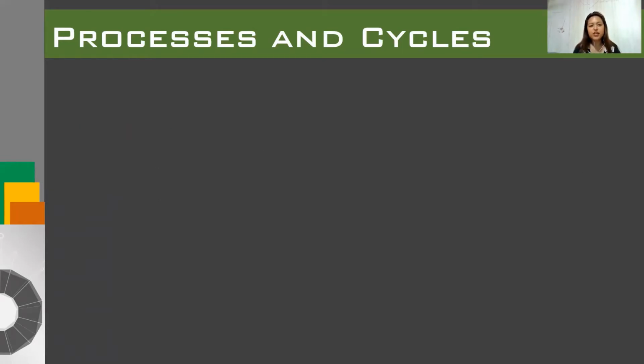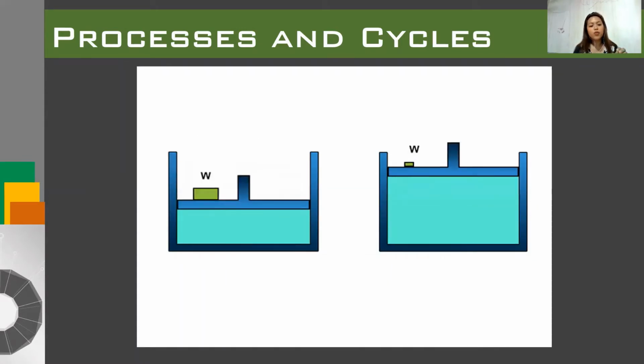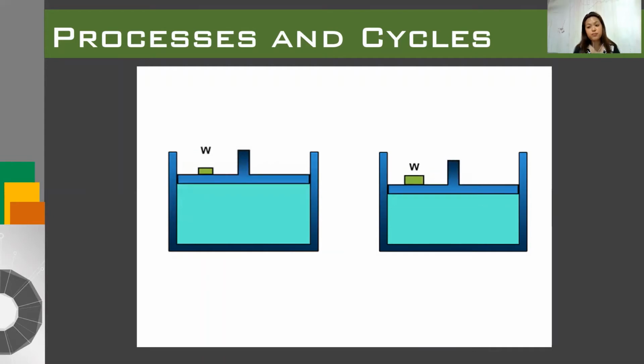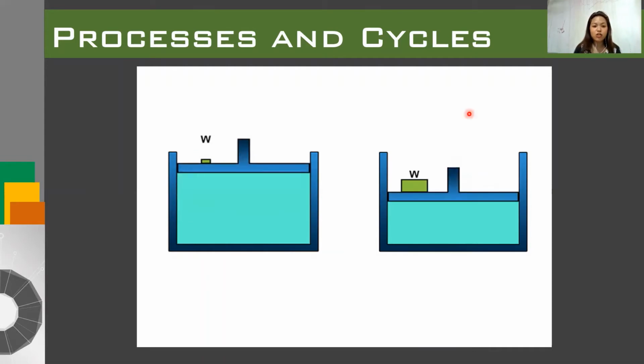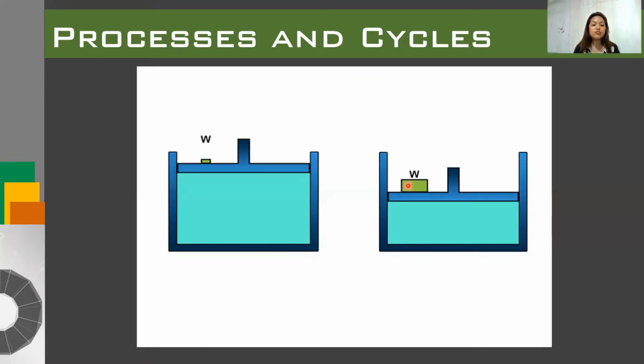Now, let's have an example. We have here weights. When the weights on the piston are removed, the piston rises. If you observe, as the weights on the piston are reduced or removed, the piston rises.